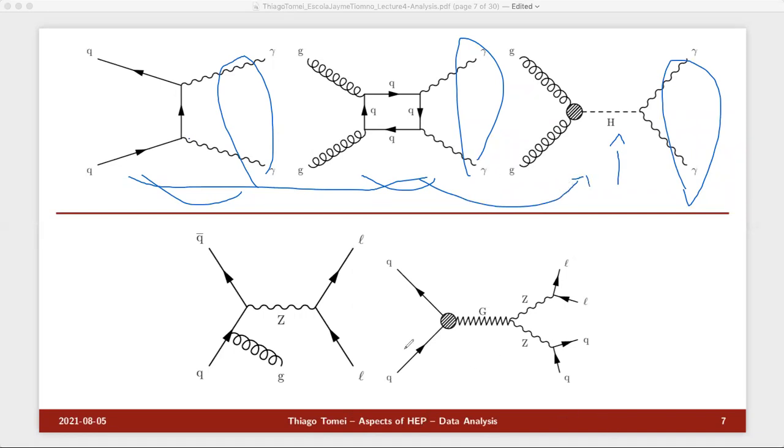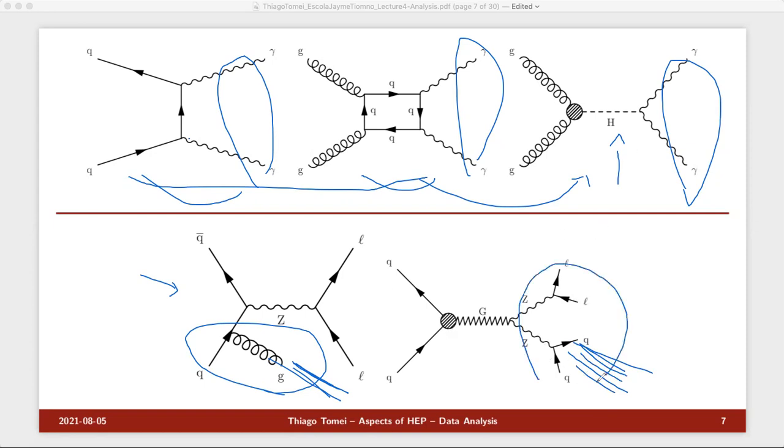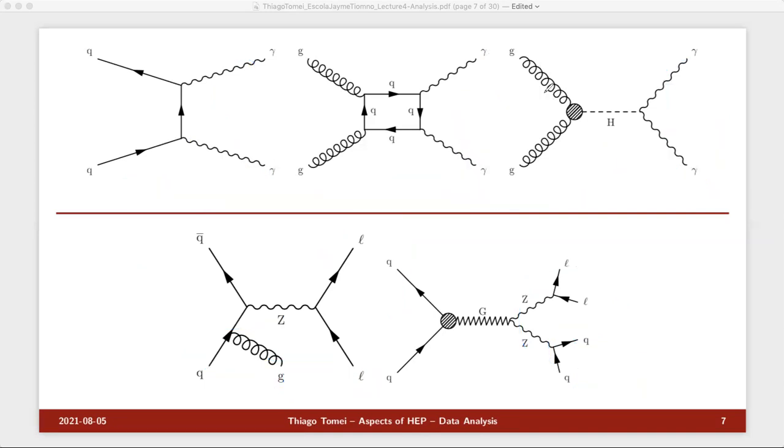Here, on the other hand, in the bottom, this gluon can give a jet, and maybe these two quarks give one or two jets, but it may give one jet. And then this thing looks a lot like this thing, two leptons and one jet. But then you have to fight against this by looking into characteristics of this jet that comes from one gluon versus this jet that comes from two quarks.